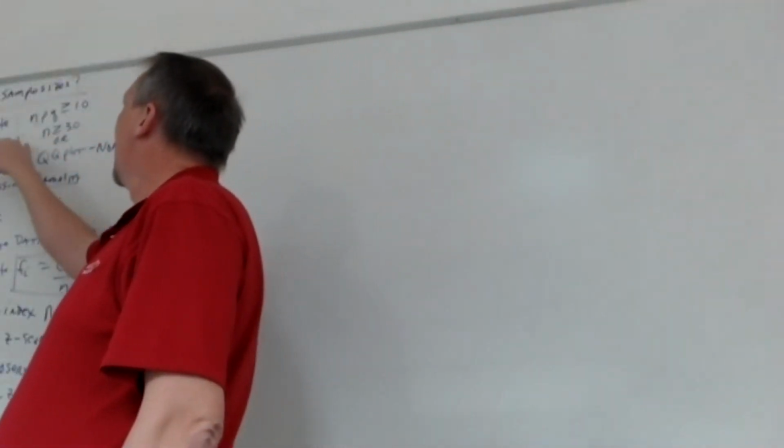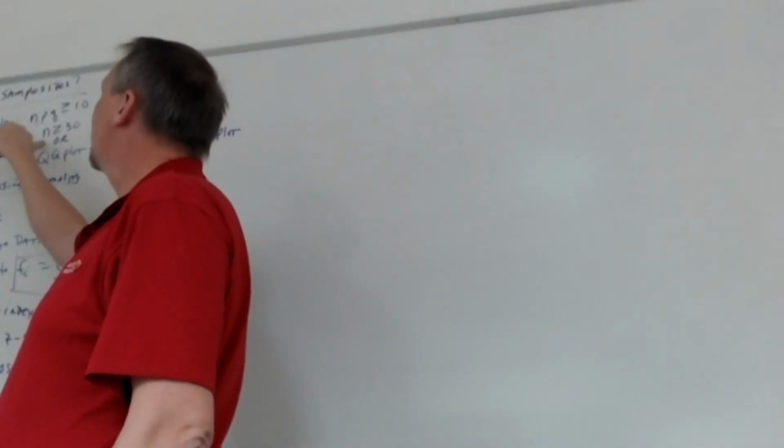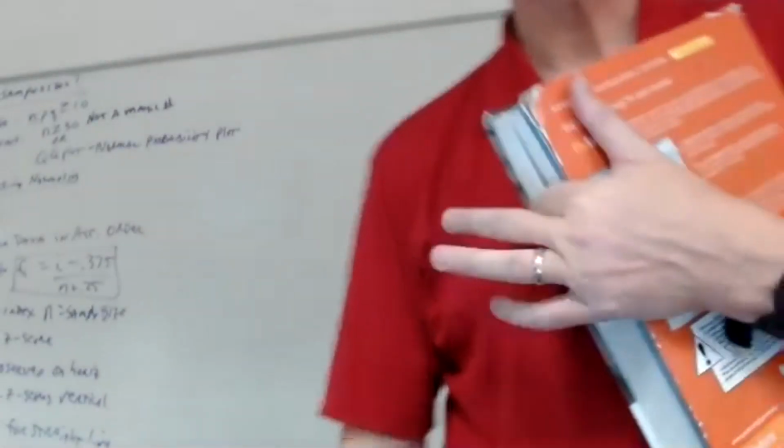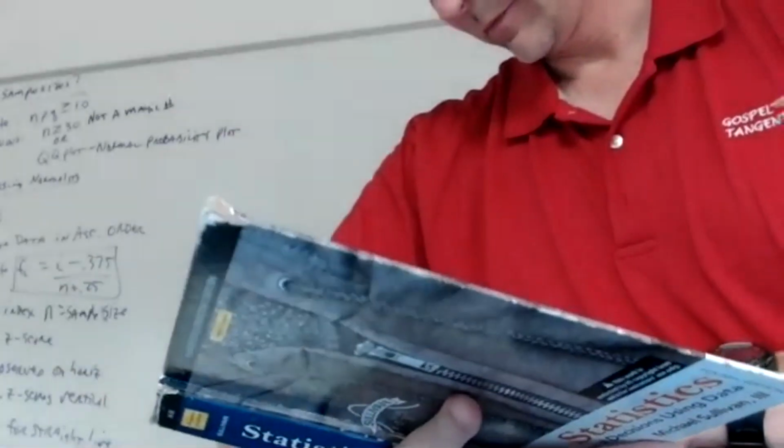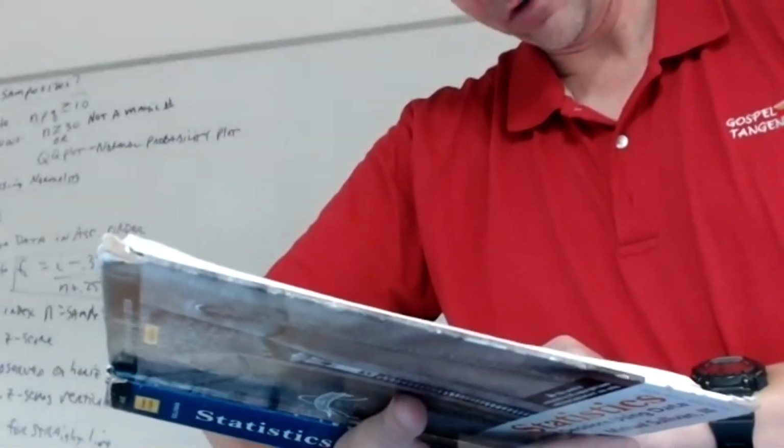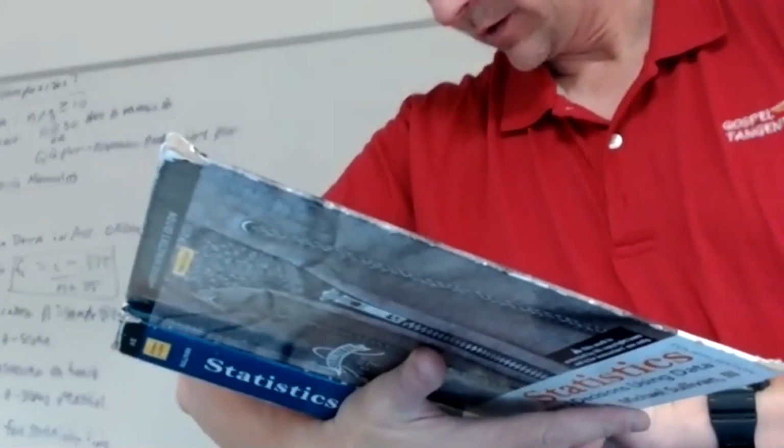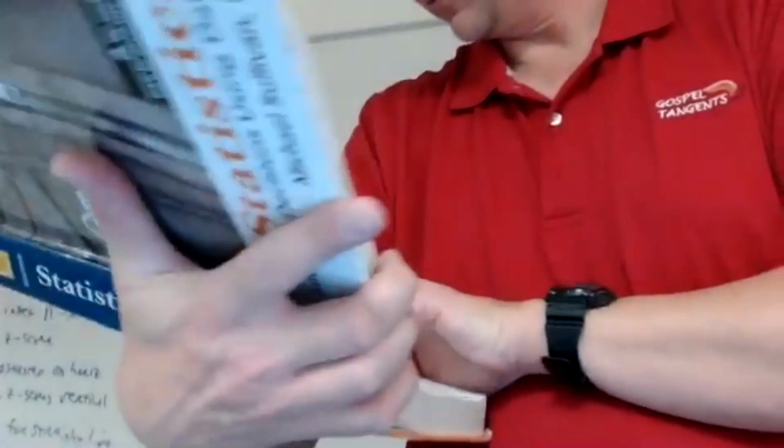Now, the other thing that I just want to mention, back at the beginning of class, I said if your n is greater than 30, it's often normally distributed, but I want to emphasize this is not a magic number. In fact, if you look at Figure 35 on page 385 here, one of the things you can notice is your data is a lot more than 30, and it's not normally distributed.